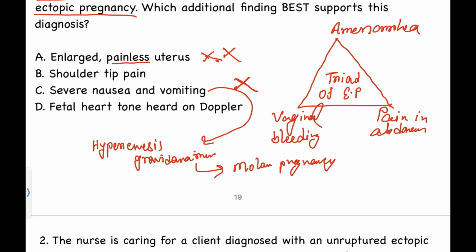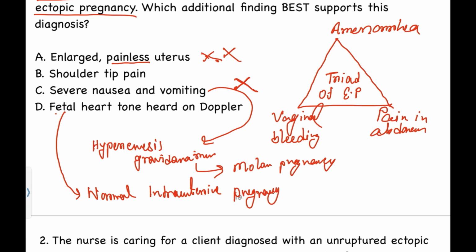That's why I won't choose option C. Now option D, fetal heart tone heard on Doppler. This is the feature of normal uterine pregnancy. If you hear the fetal heart tone by Doppler study, it is a good sign of a normal intrauterine pregnancy. If it is ectopic pregnancy, you can't hear the fetal heart tone on Doppler. So D is also not the answer.